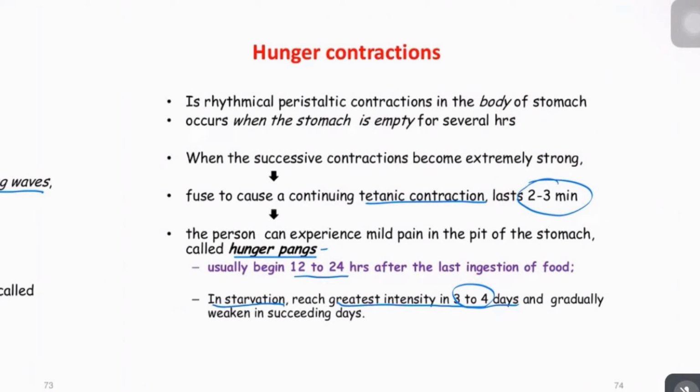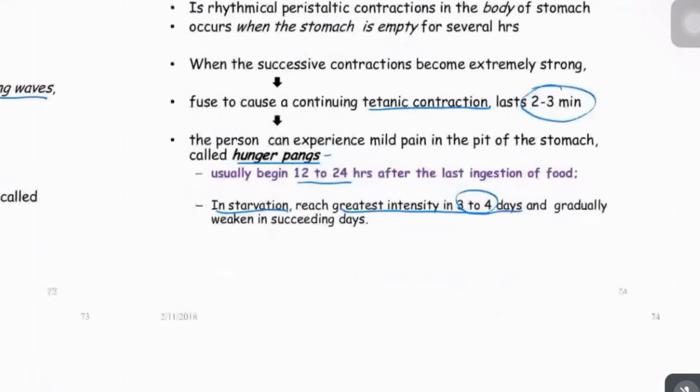The person can experience mild pain in the pit of the stomach called hunger pangs. Okay? These usually begin 12 to 24 hours after the last digestion of food, and in starvation, they can reach greatest intensity in 3 to 4 days and gradually weaken in succeeding days. Okay?